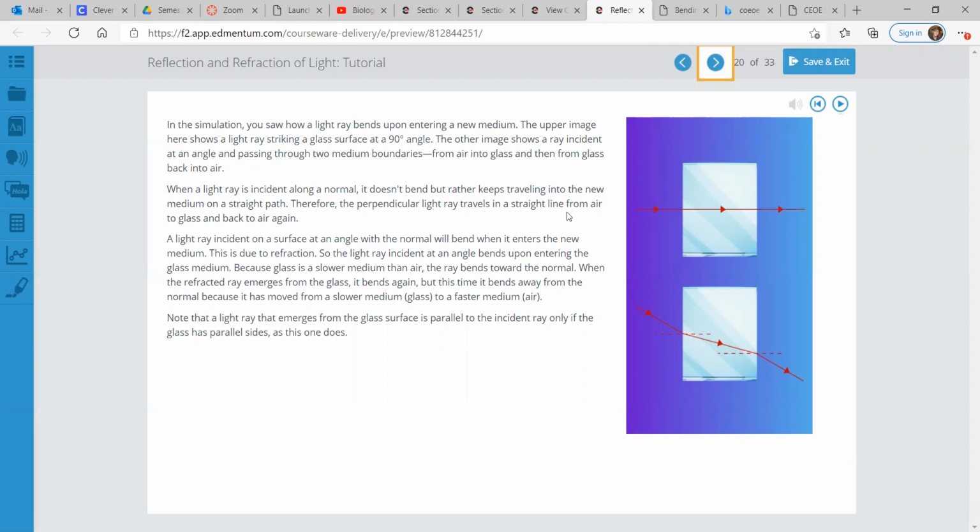When the refracted ray emerges from the glass, it bends again, but this time it bends away from the normal because it has moved from a slower medium, glass, to a faster medium, air. Note that a light ray that emerges from the glass surface is parallel to the incident ray only if the glass has parallel sides, as this does.